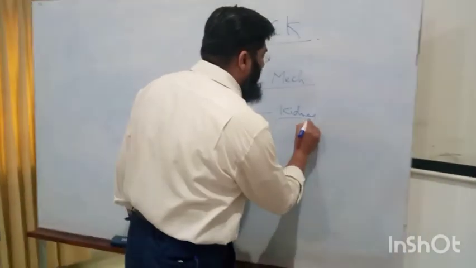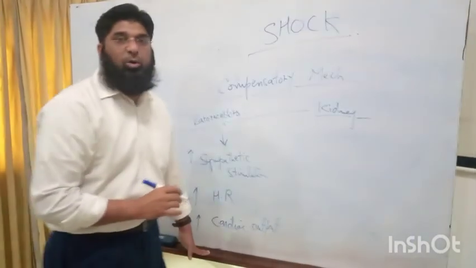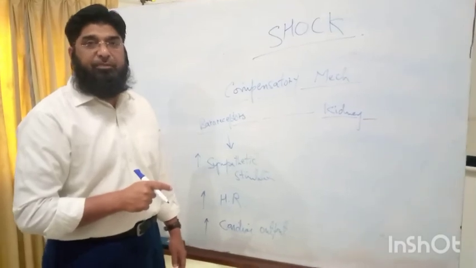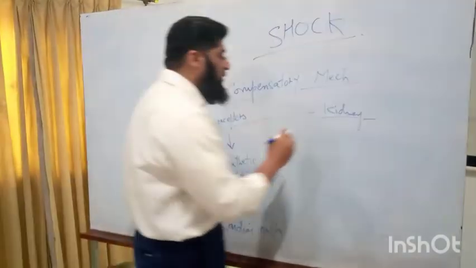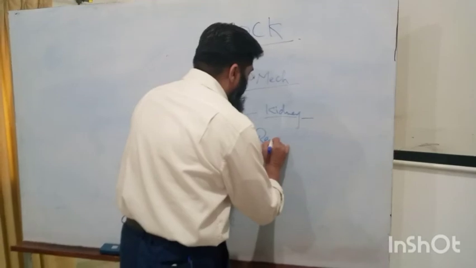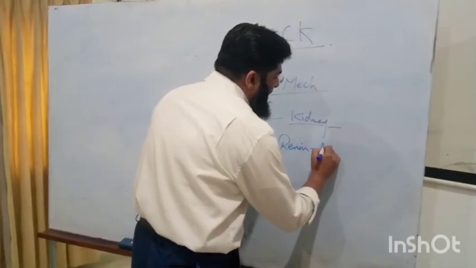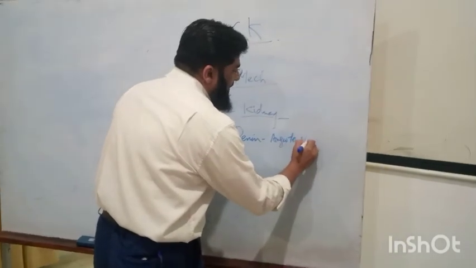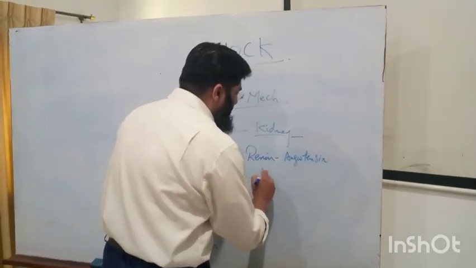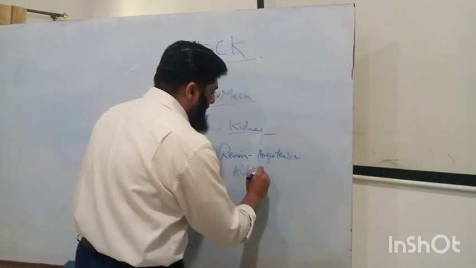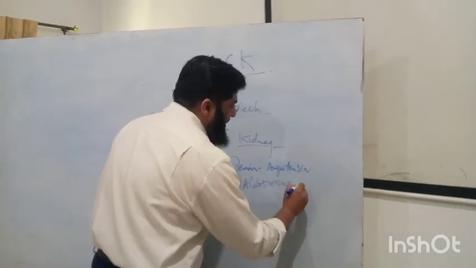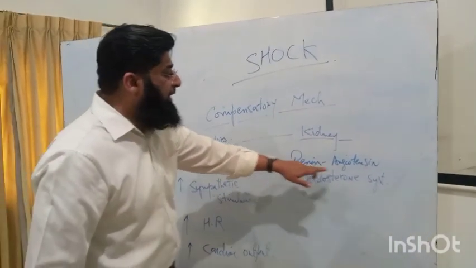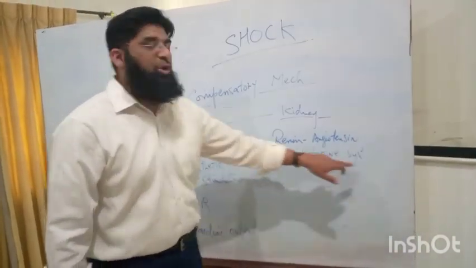Now, what about the kidneys? How do the kidneys respond? When there is hypoperfusion of the kidneys, there is activation of the renin, angiotensin, aldosterone system.